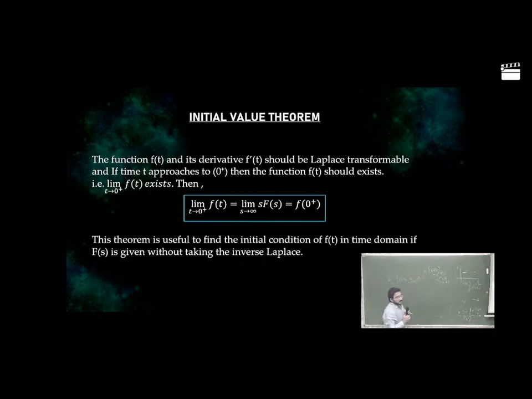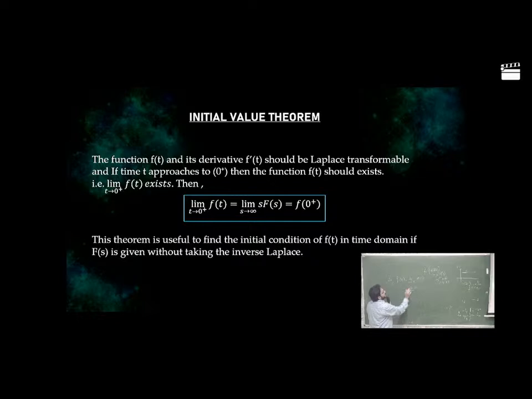Now there are certain conditions which need to be satisfied for this theorem to hold. The one condition is that the derivative should be Laplace transformable, f(t) should be Laplace transformable. Also, the signal should be 0 when t is less than 0, f(t) equal to 0.